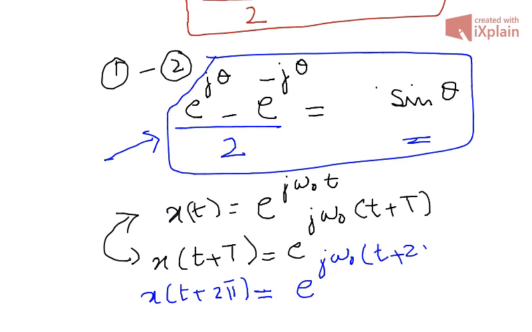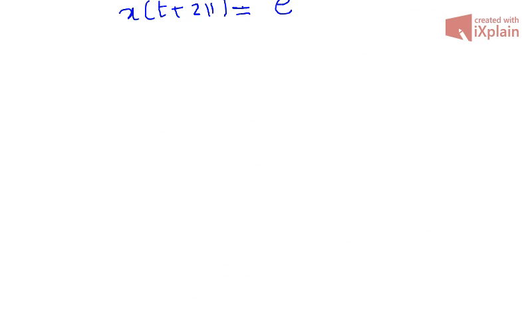So x of t plus 2 pi, you can rewrite it as e raised to the power j omega naught t times e raised to power j 2 pi.